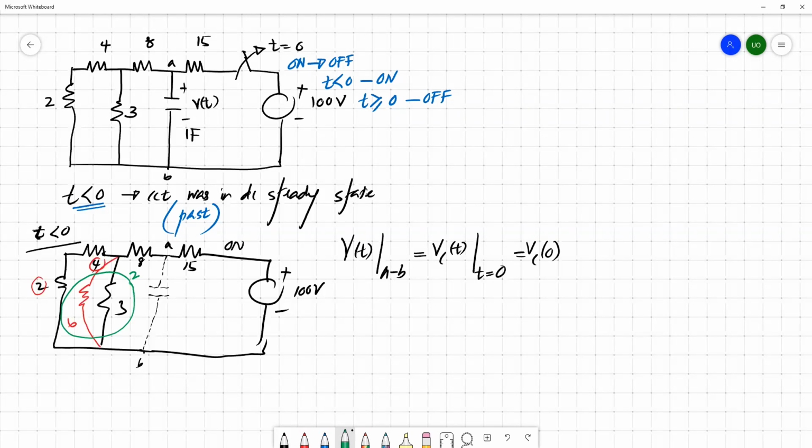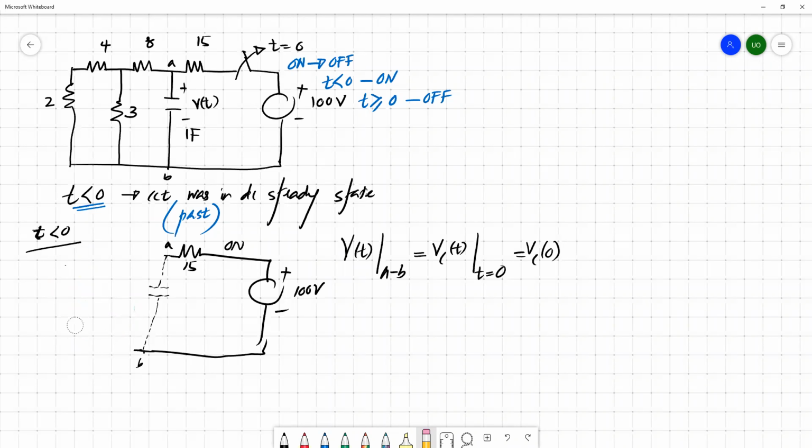Altogether we have 10 ohm in series with this 50. So if you simplify this block, we have 10 ohm.